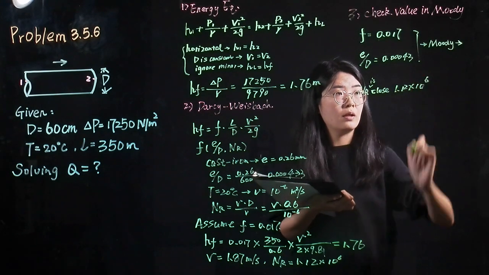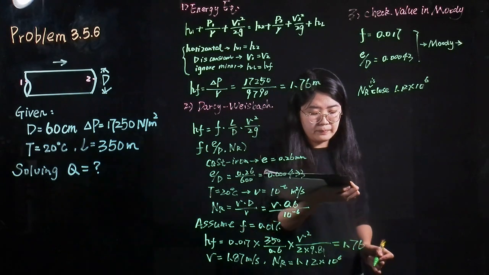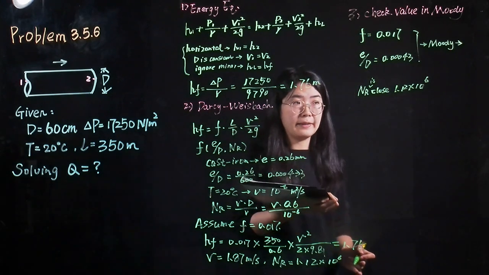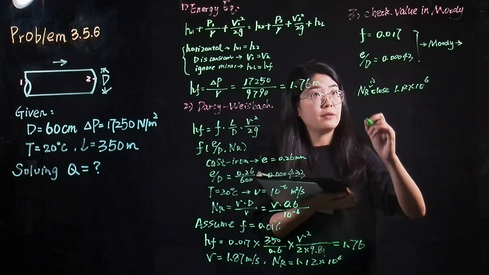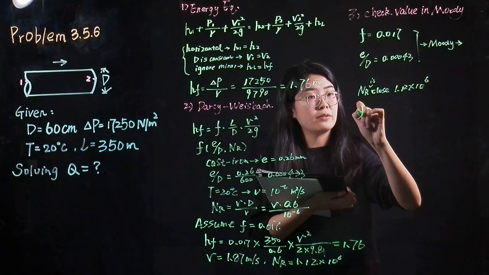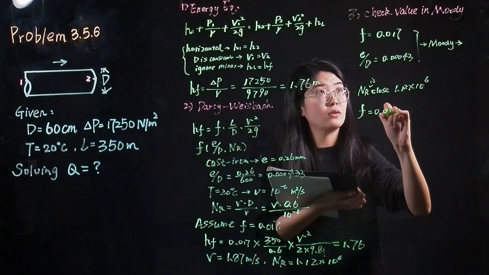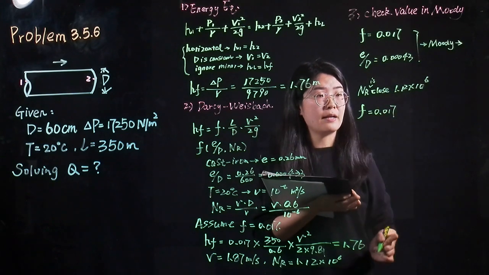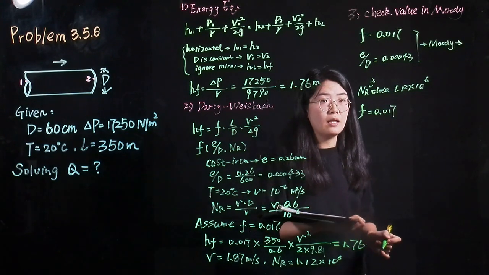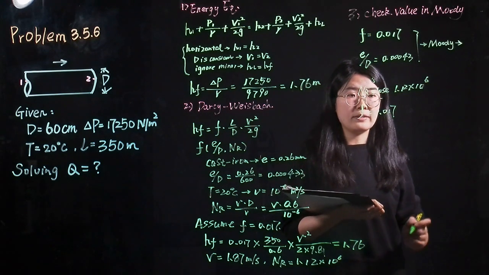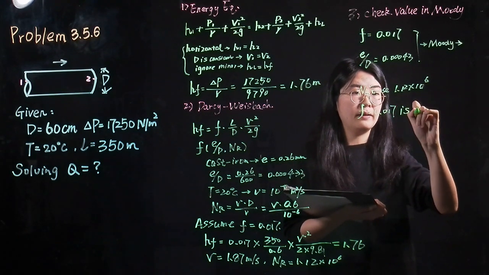It's close to our assumption. So we find that the assumption that our friction factor is equal to 0.017 is okay.